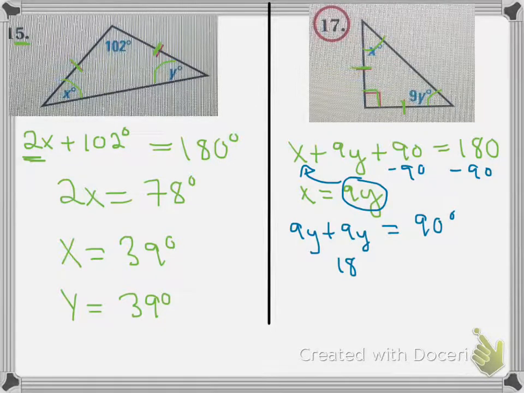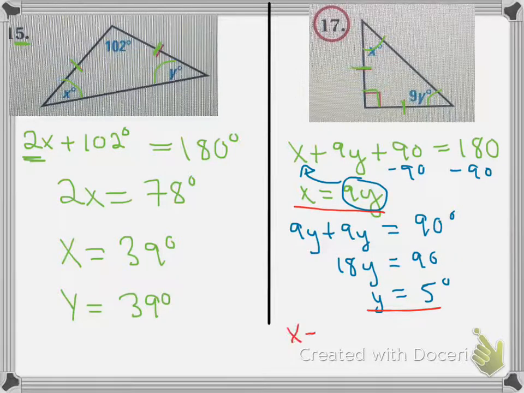So then we would have 18y is equal to 90, and y is equal to 5. Now we can go back in and take this y equals 5, and now go back and solve for x. So we know that x is equal to 9 times y, or 9 times 5. So we know that x is equal to 45.